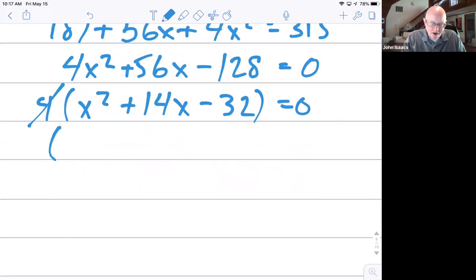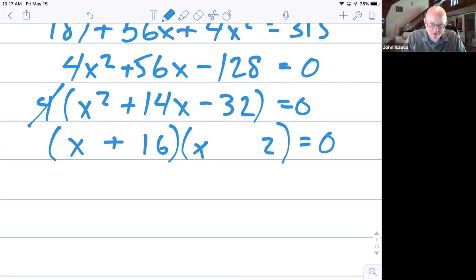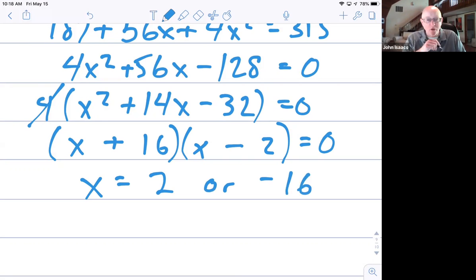And then we're going to factor this. 32 is going to be 16 and 2. So x, 16, 2. The 16 has to be positive, the 2 has to be negative, and therefore x equals either 2 or negative 16. Now, we're looking for a dimension. So this negative 16 is extraneous.